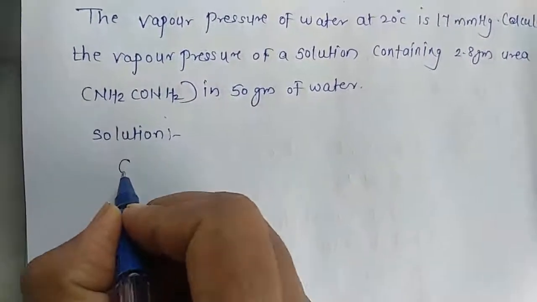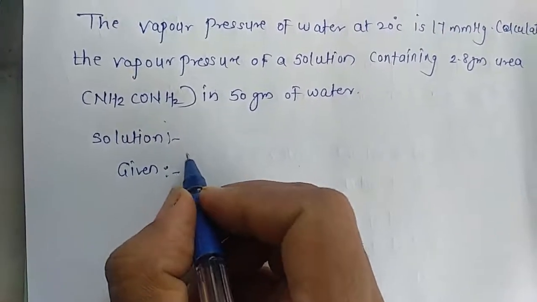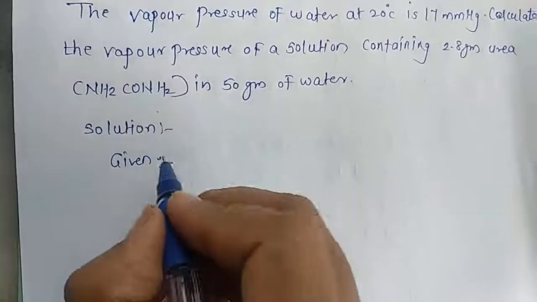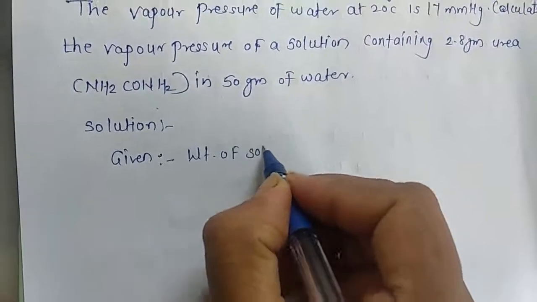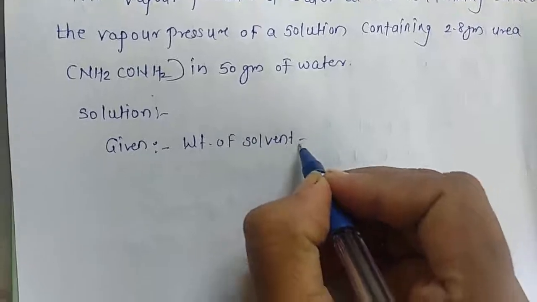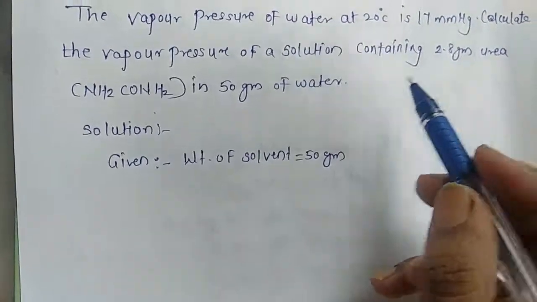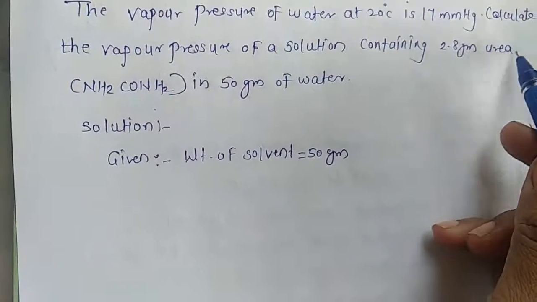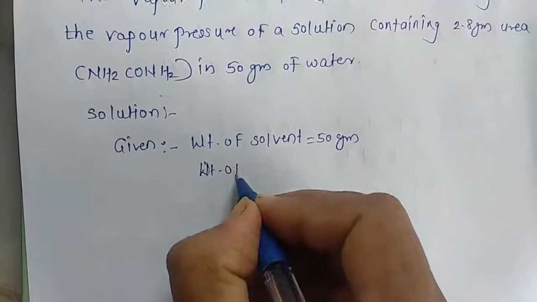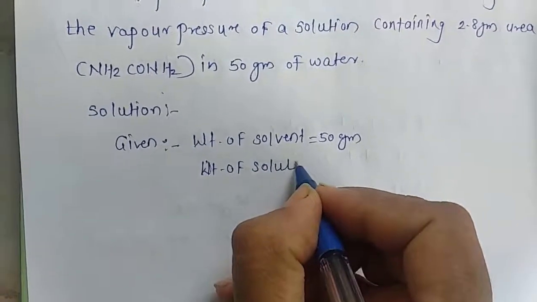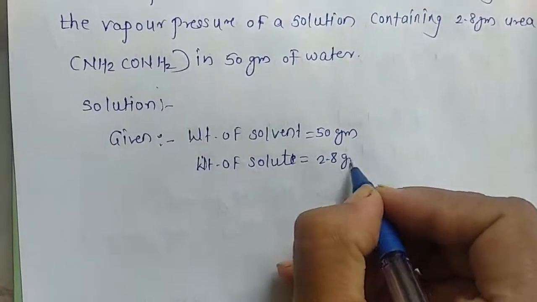The values given here: in 50 gram of water, so the weight of solvent is equal to 50 gram. Then 2.8 gram of urea, so the weight of solute is equal to 2.8 gram.